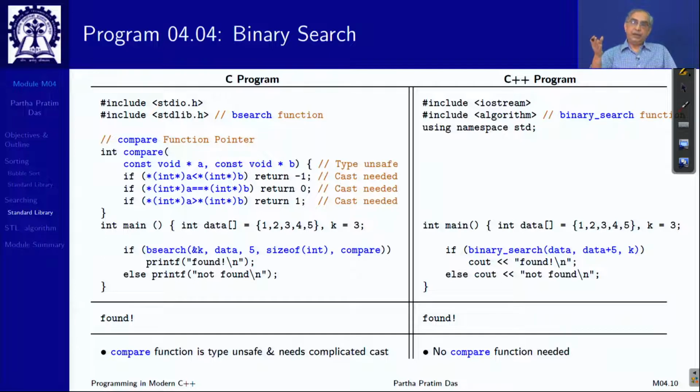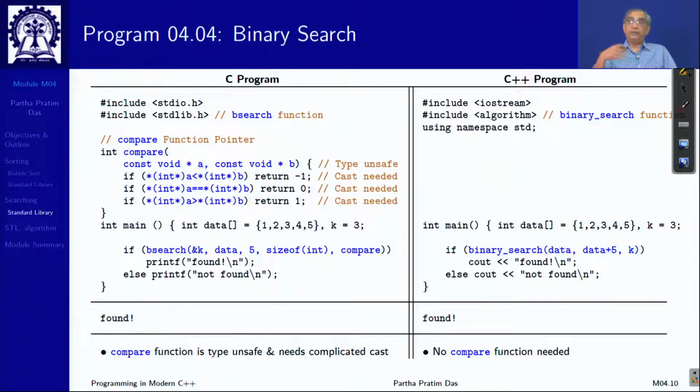You need to provide the value that you want to search for, which is k. Again, since it knows the type, you do not need to pass a pointer, because it is internally doing that template magic. So, given int, it will create a binary search for you for integer values. So, it knows the int.